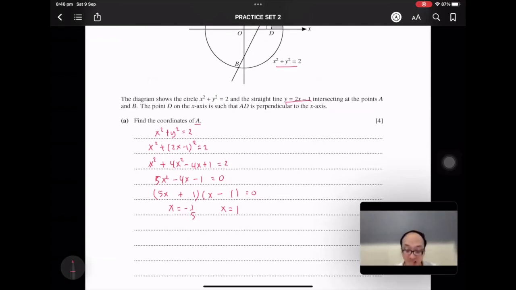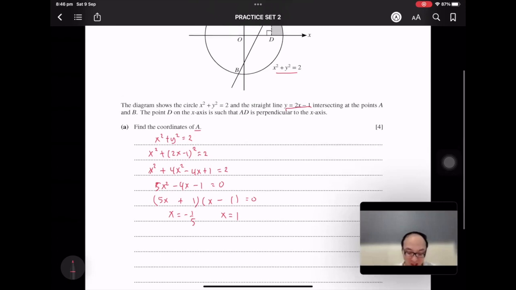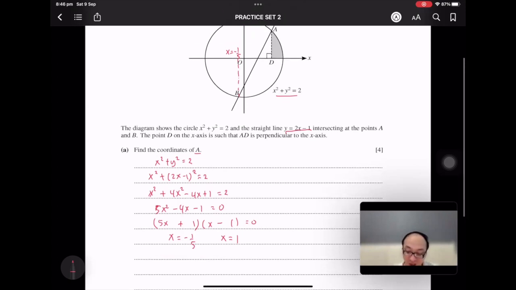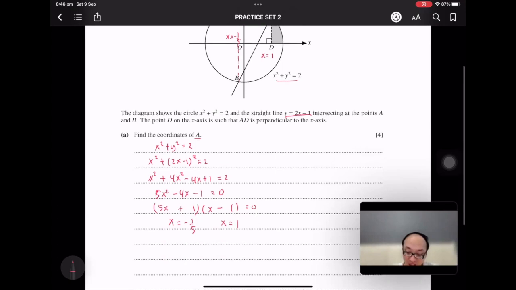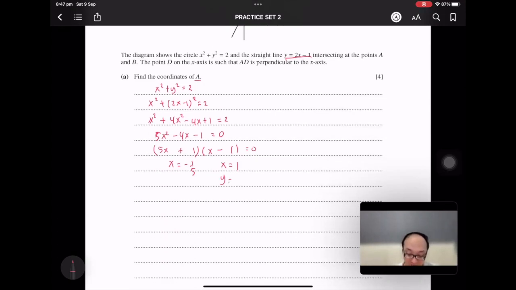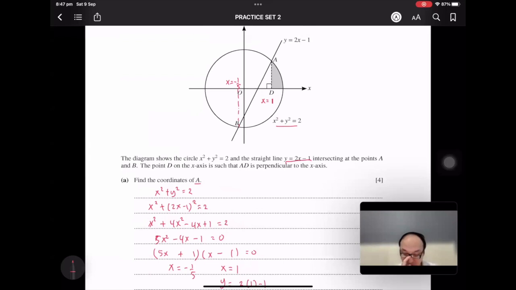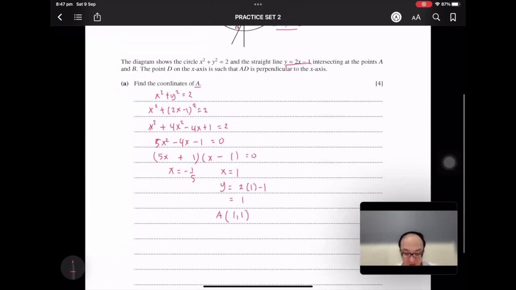The first one, negative 1 over 5, will be the coordinate of P. And the x equals to 1 will be the answer for A. So the coordinate of A will be, y equals to, we can just put it into the formula, 2x minus 1, so equals to 1. So coordinate A will be (1, 1). That's it.